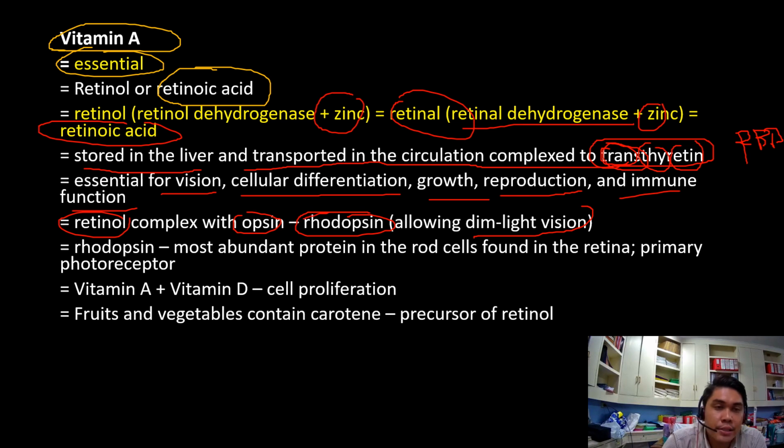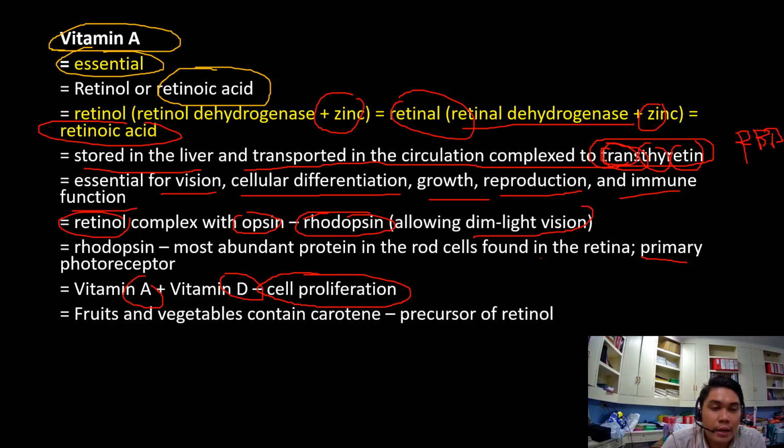Rhodopsin is the predominant protein in the rods present in our retina, the most abundant protein in rod cells and the primary photoreceptor. For cell proliferation, we need vitamin A and vitamin D.